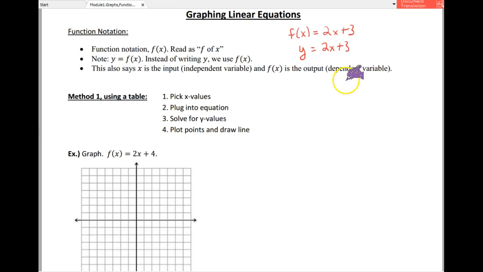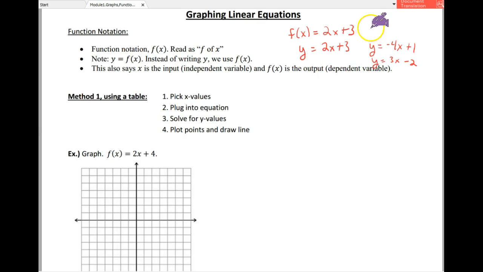So you may ask, why do we even have this function notation? Well, it does a few things. One, it tells us if something's a function right away. Two, it gives the function a name. So if I have lots of different equations, such as y equals negative 4x plus 1, and y equals 3x minus 2, I don't want to call them all y.